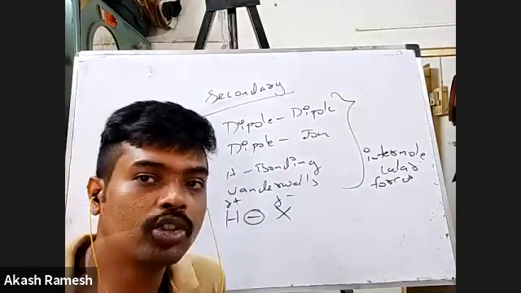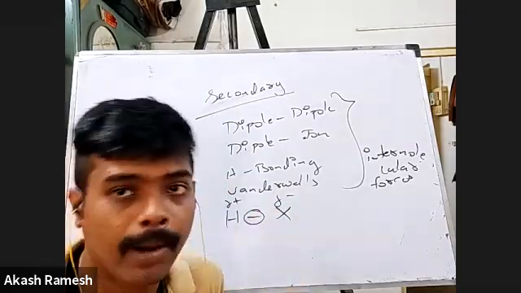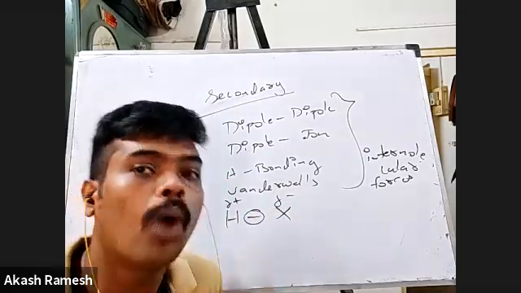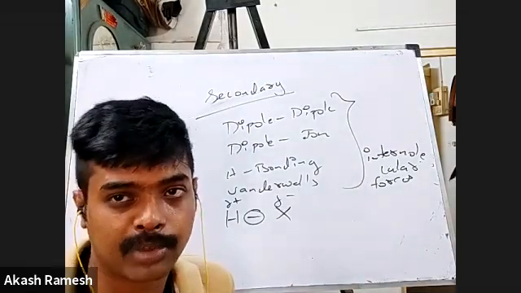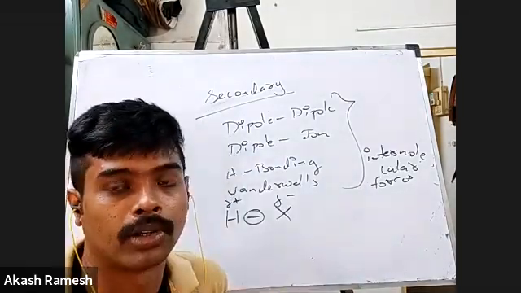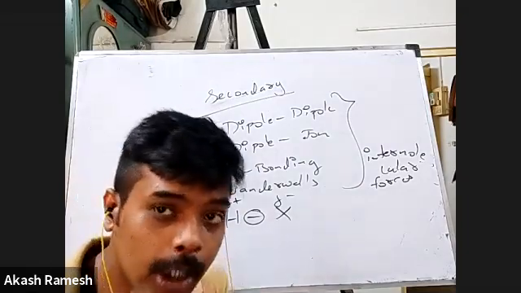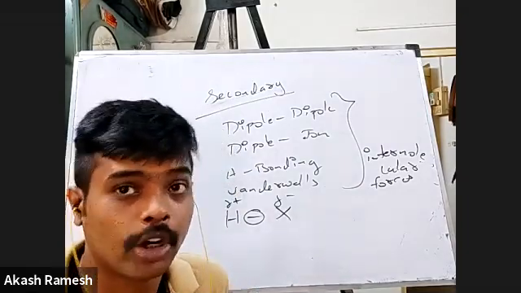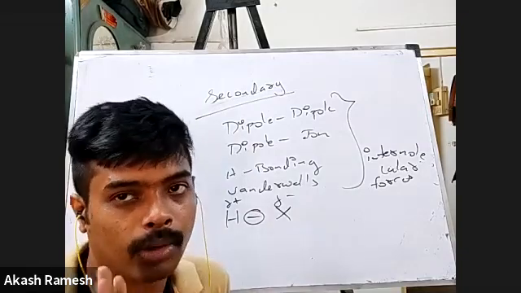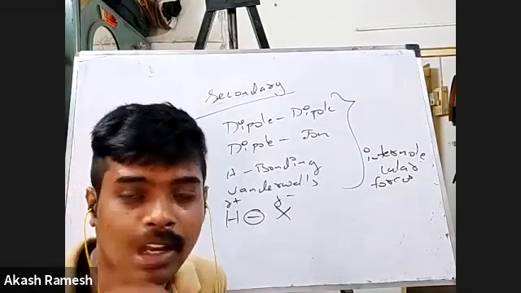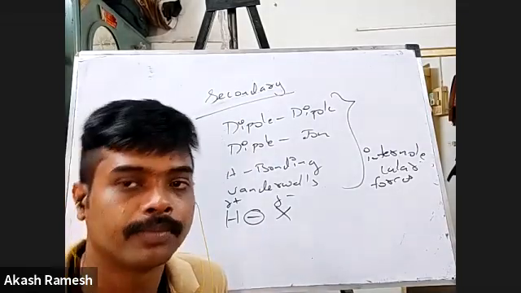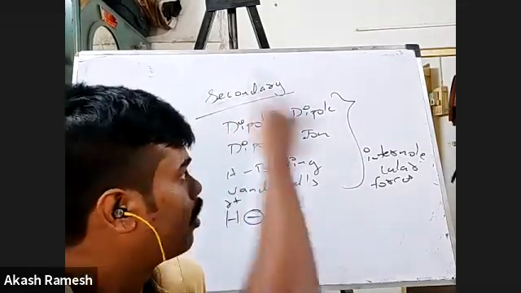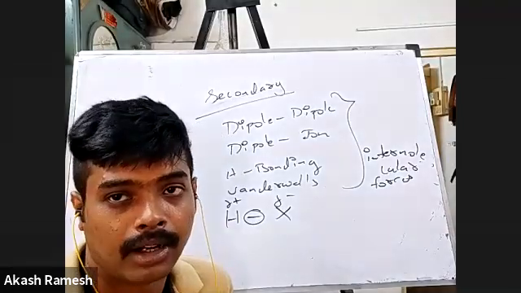Between two separate entities, two compounds or two molecules, what is the force? That is what these secondary types of bonds are. Between two H2 molecules, between two H2O molecules, between two HF molecules. Not between H and F, that is a proper covalent bond. Not between O and H, that is again a proper covalent bond. Between H2O and another H2O molecule, what kind of force exists is what these secondary types of bonds are.